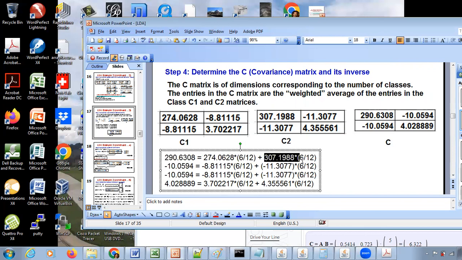Taking the weighted average of these two comes out to be 290.6308. Similarly, negative 8.8115 times 6/12 plus negative 11.3077 times 6/12. The weighted average comes out to be this, and this is the same entry here as well. And then there's 4.356 for class 1 times 6/12, and then 3.70 times 6/12.